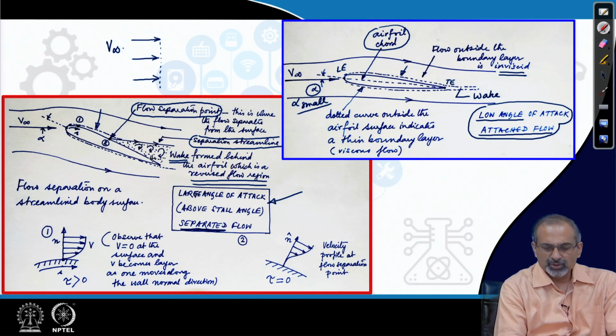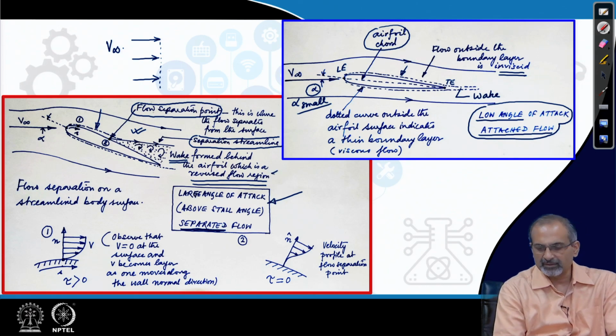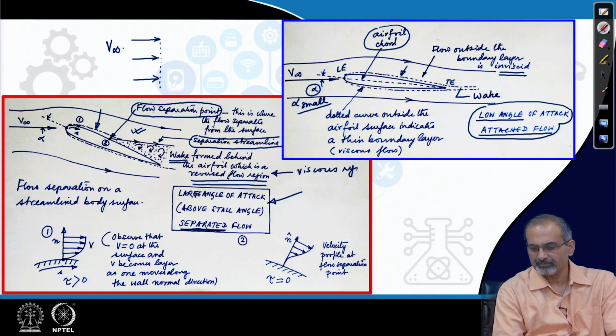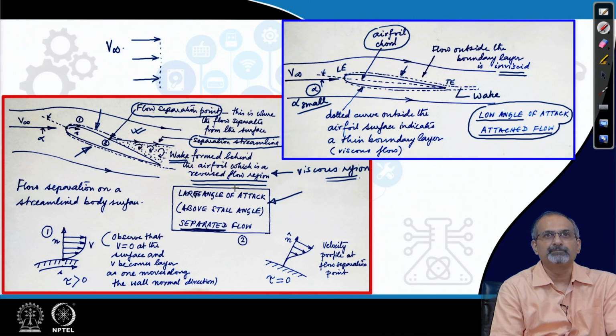Usually the velocity within this region will be much smaller than what you see in this region, which is practically inviscid beyond the separation streamline, and the wake is a very much viscous dominated region. However, the flow remains nicely attached on the lower surface of the airfoil.